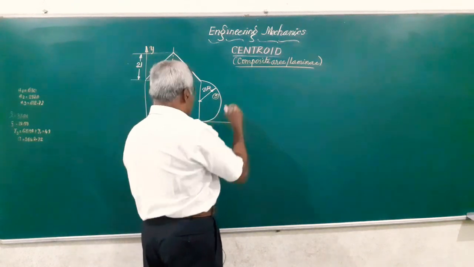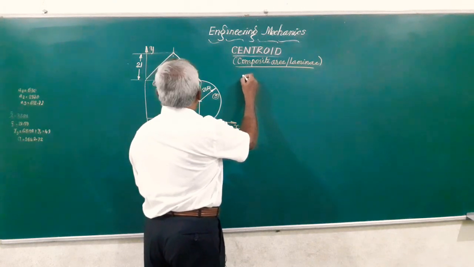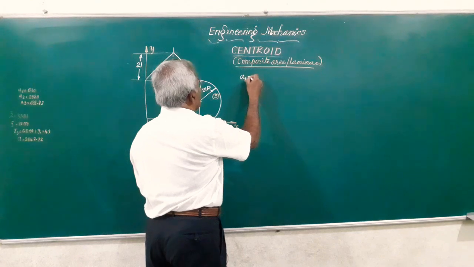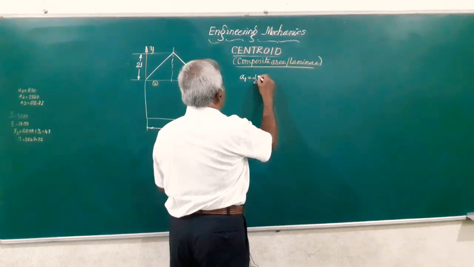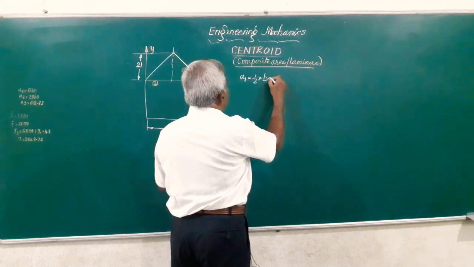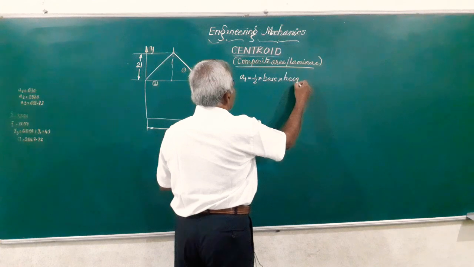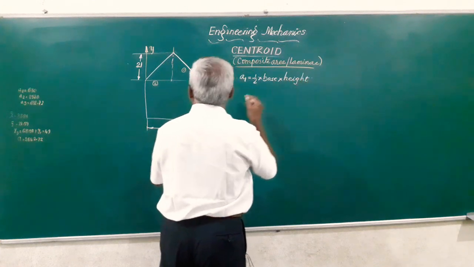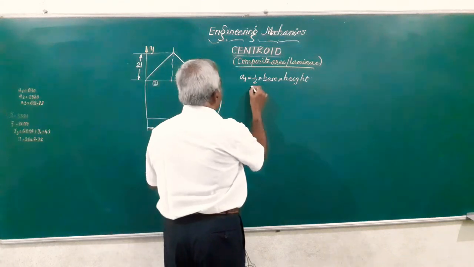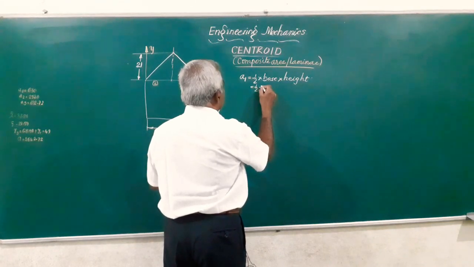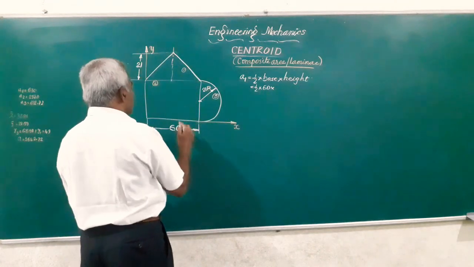So, first one is a triangle we have got. So, area of triangle, that is, we will call it as A1, that is given by half the base into height. So, in this triangle, you have the base as 60, that is half of 60 multiplied by the height of that, 21 mm.